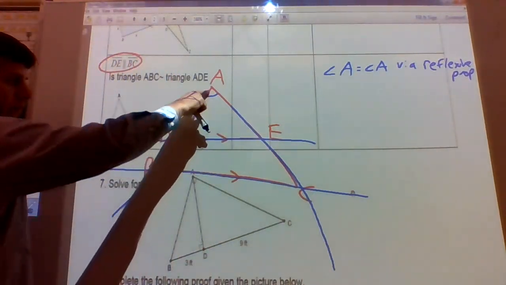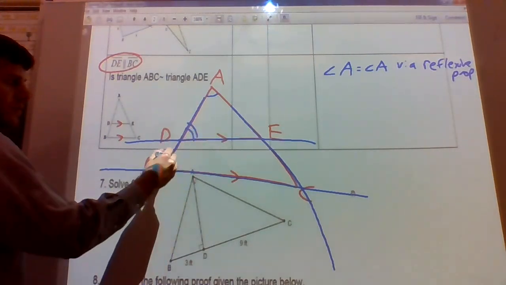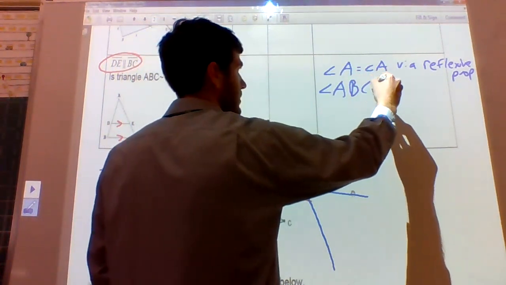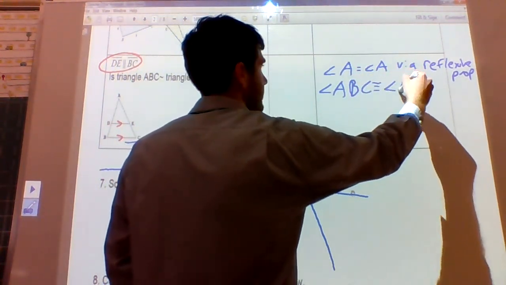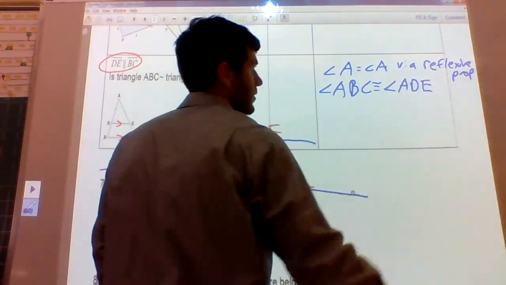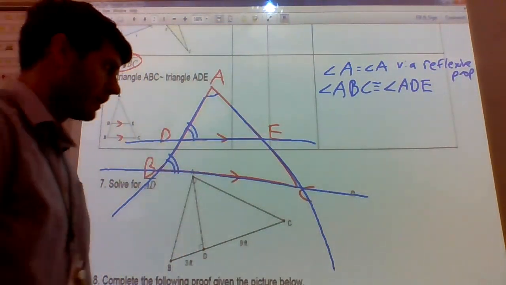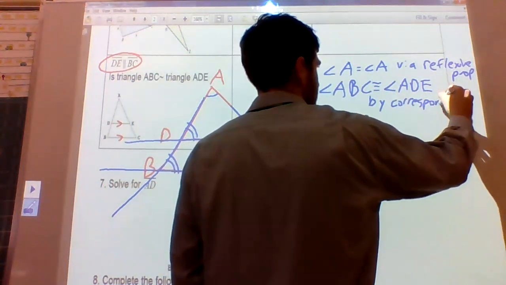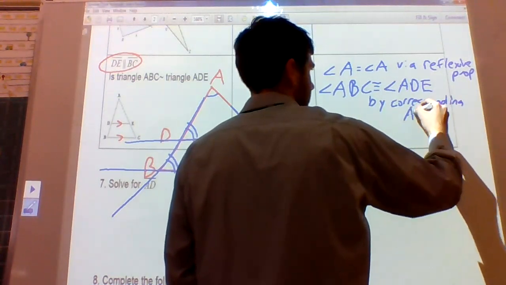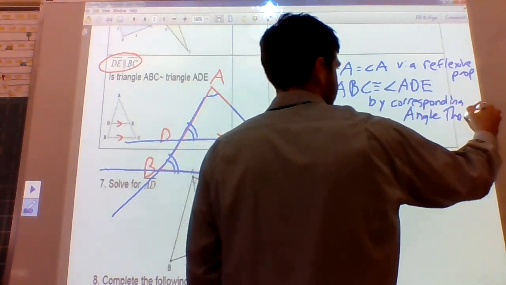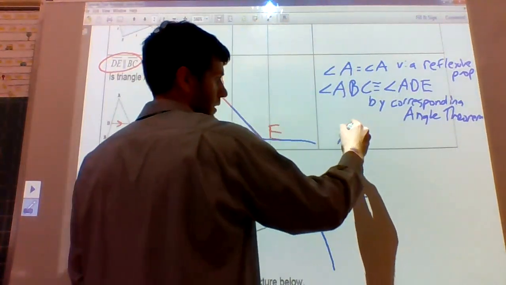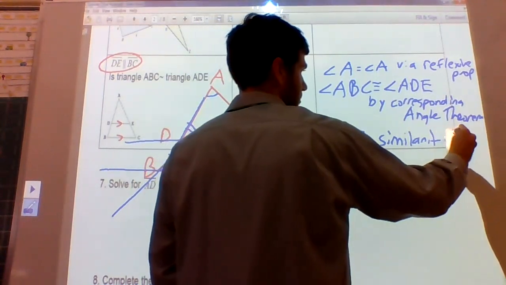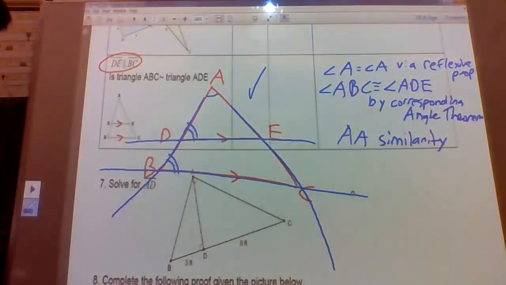So angle ABC is going to be congruent to angle ADE by the corresponding angle theorem. Okay, we can stop right there because then we have angle similarity. We have two pairs of angles that are congruent. So that's a yes by angle similarity.